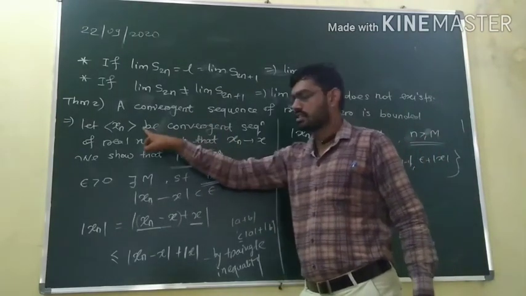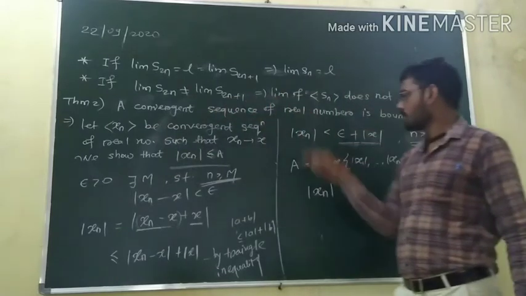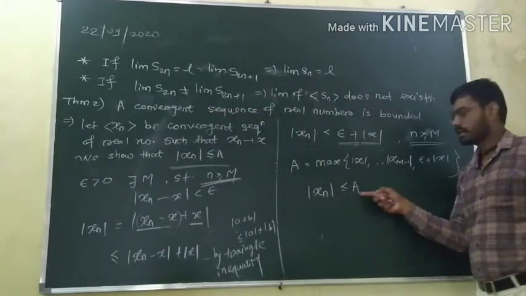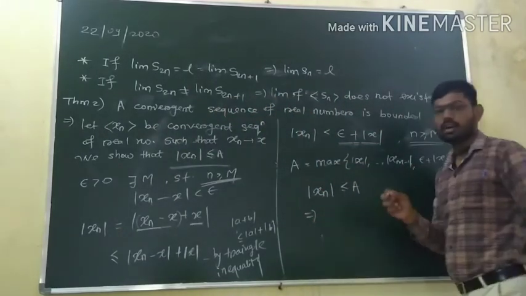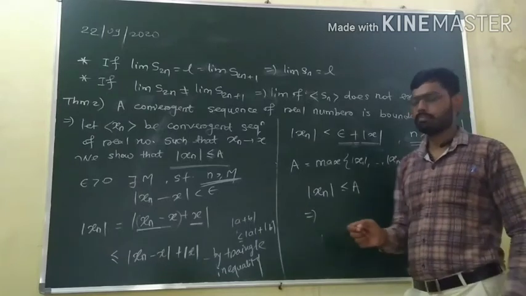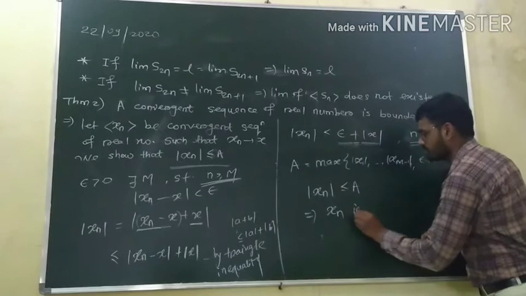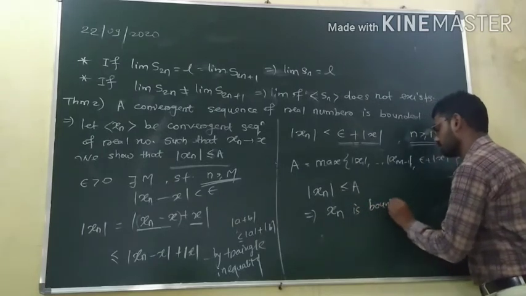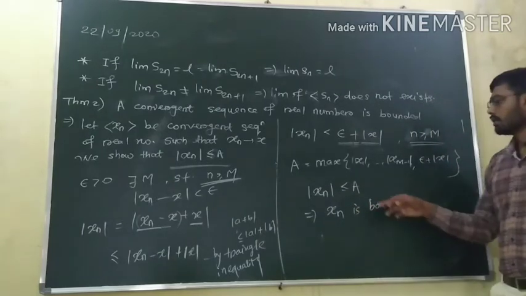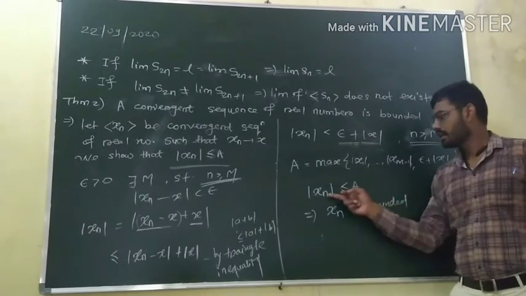So we have taken a convergent sequence and we have shown this sequence is bounded. So every convergent sequence of real numbers is always bounded. So here xn is bounded. Do you understand why we took a here?